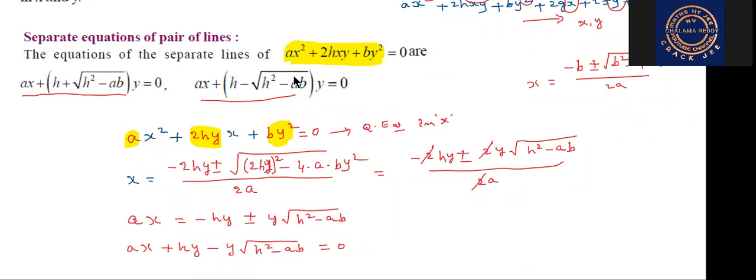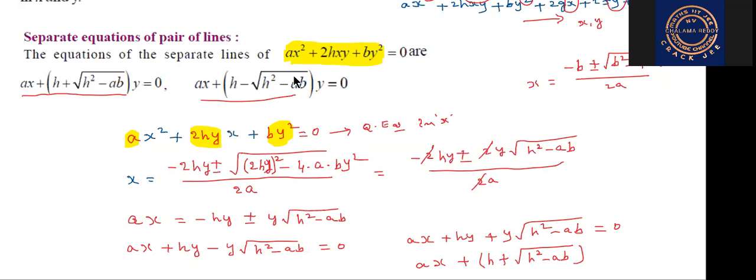This is one line. Next, ax plus hy plus y into under root h square minus ab is equal to 0. Ax plus, here take y common, we get h plus under root h square minus ab into y, that is equal to 0. This line we got.